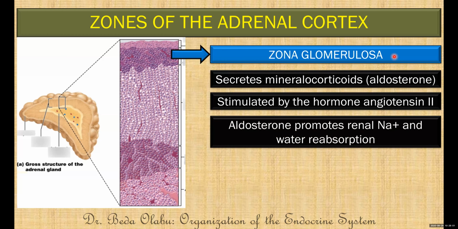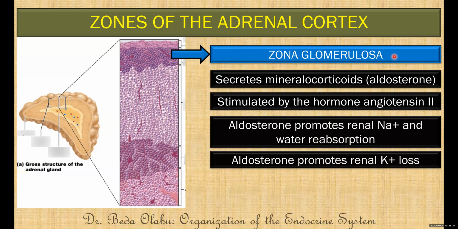The role of mineralocorticoids is to promote the reabsorption of sodium and water in the kidney. If you reabsorb sodium and water, it means that you increase blood volume. And if you increase blood volume, it means you increase blood pressure.